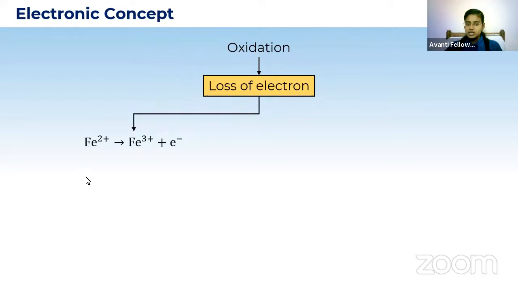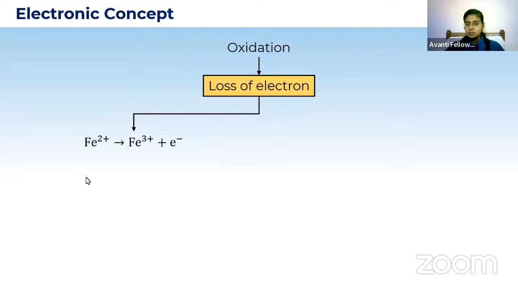Here you see, we have Fe2+ getting converted into Fe3+ and an electron. So what has happened here? Initially, iron has lost only 2 electrons. But on the product side, iron has lost 3 electrons. That is the meaning, right? 2 electrons have been lost to form Fe2+ and 3 electrons have been lost to form Fe3+.